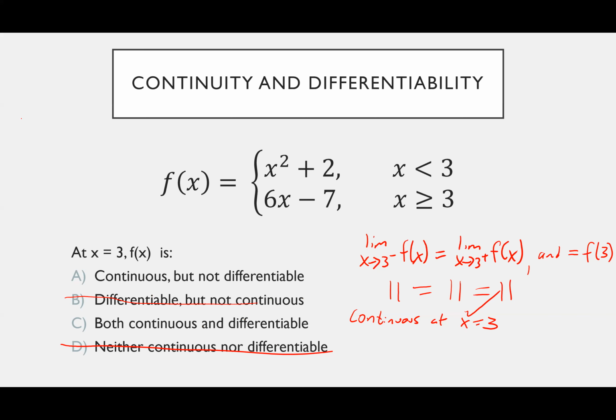To be differentiable, we must be continuous, which means our general limit as x approaches c of f of x equals f of c.